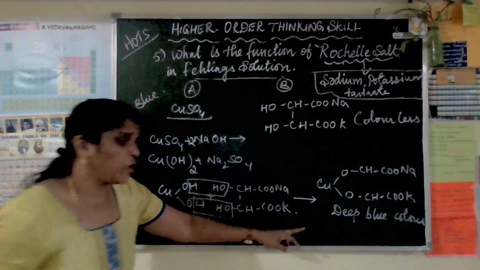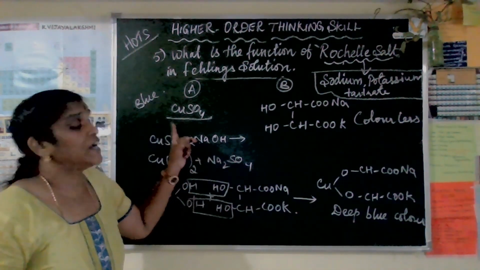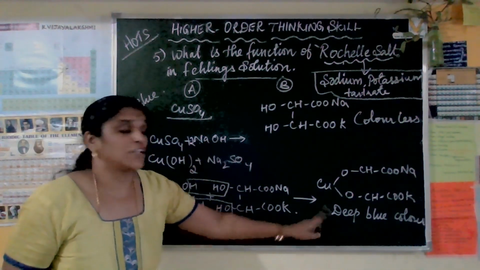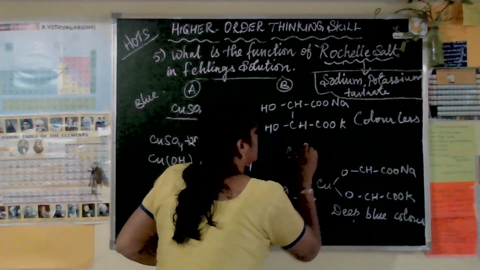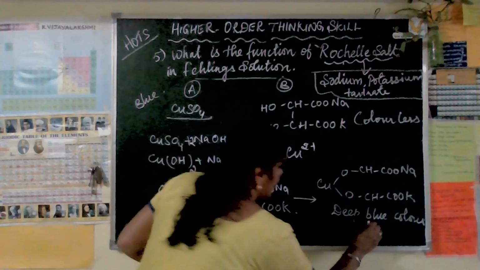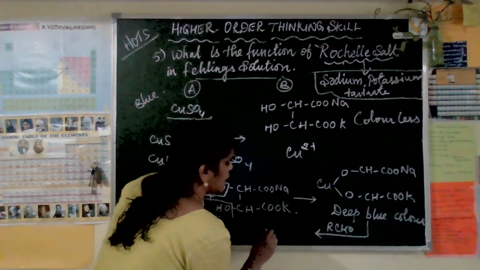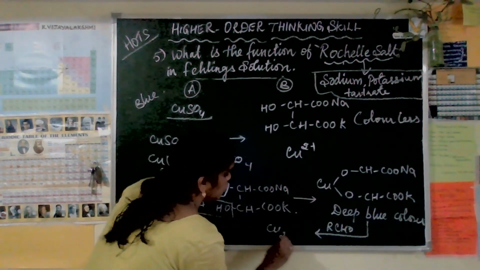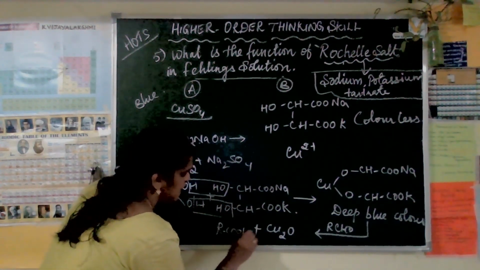Okay, now why do we get this deep blue color? This is actually because of Fehling solution A. It imparts the deep blue color to keep that Cu2+ ion. Right? Okay, now next one. Suppose we are adding RCHO, you will get a red precipitate Cu2O plus RCOOH.